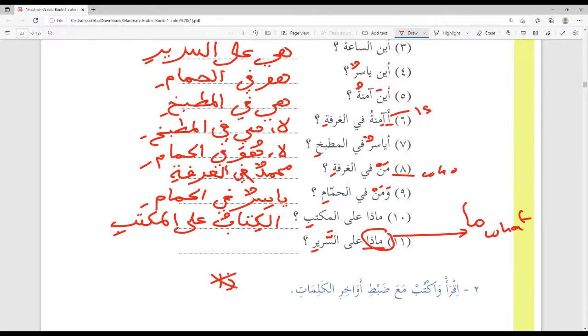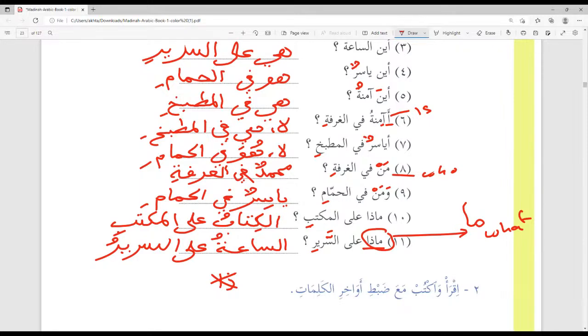So ماذا على السرير, what's on the bed? الساعة على السرير. Is it correct? No, على السرير. Did I write it correctly? No. What's wrong? It should be a re on the end.